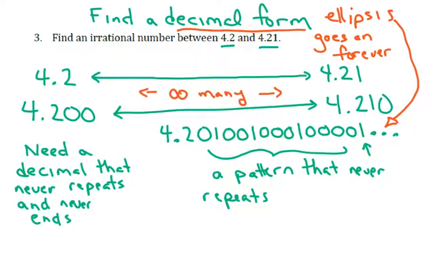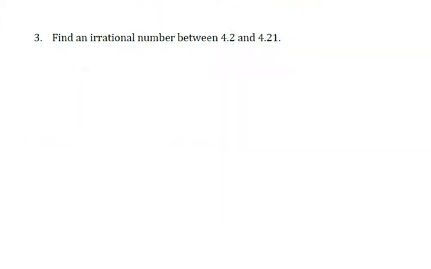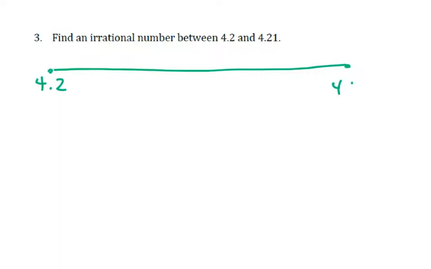So let's find another one. Let's say here's 4.2. Here's 4.21. We add a 0, add 2 zeros here.